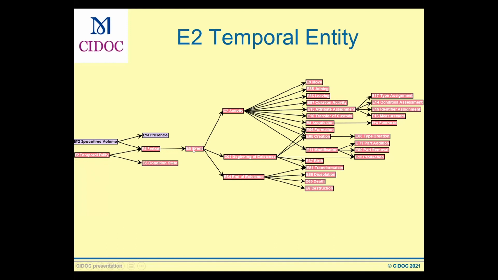Then we have events where we can start to have participation, and then activities where we have people doing, and then things that come into existence in the beginning of existence and the end of existence, where things go out of existence. And then there's a whole range of subclasses there, which allow us to deal with particular types of things.